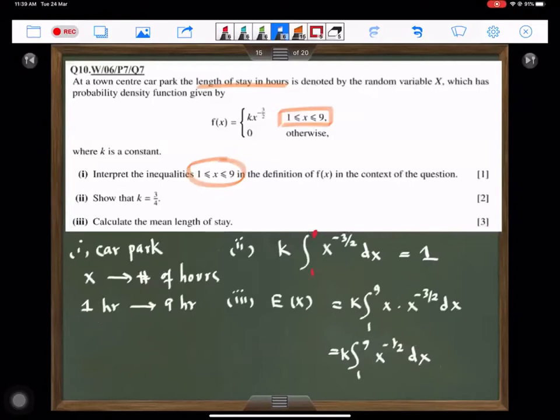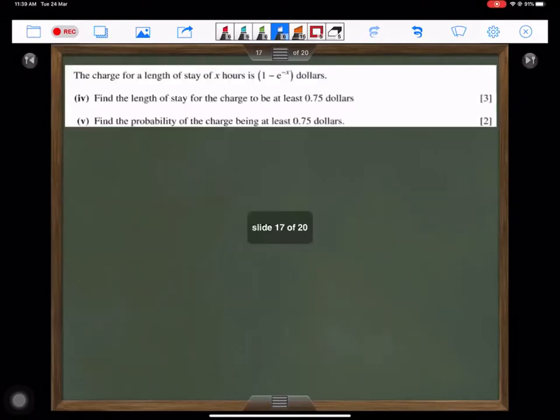Now it says the charge for a length of stay of x hours is this much. This is not a PDF. Find the length of stay for the charge to be at least 0.75. This is a simple mathematical calculation.